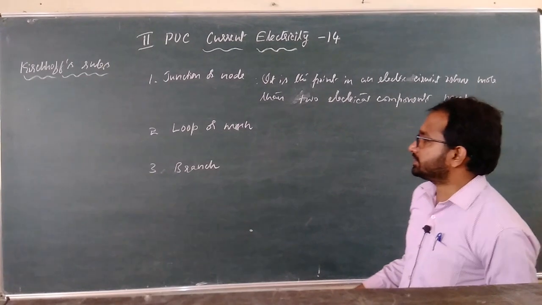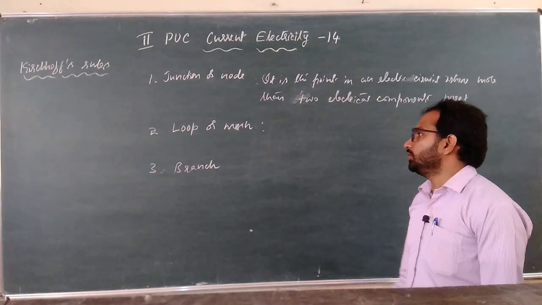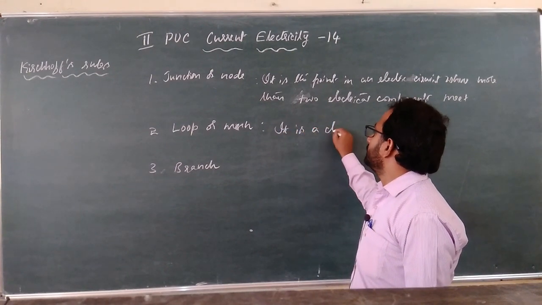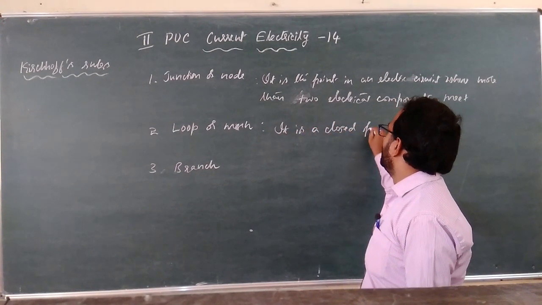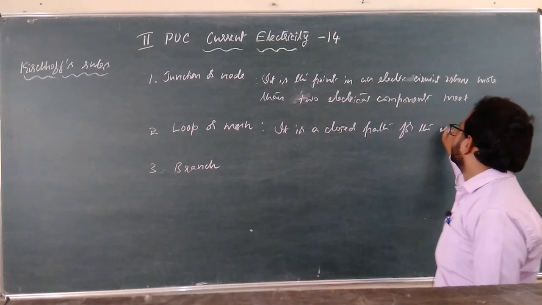The second one is loop or mesh. So loop is a closed path for the electric current.